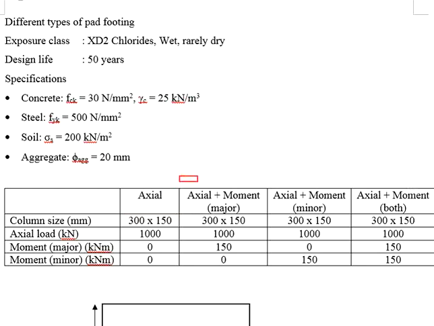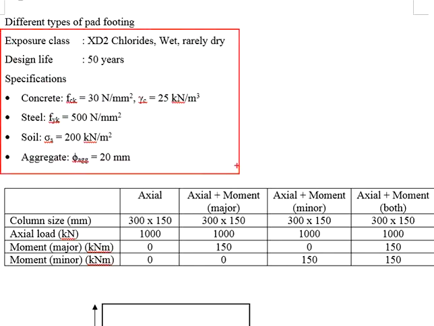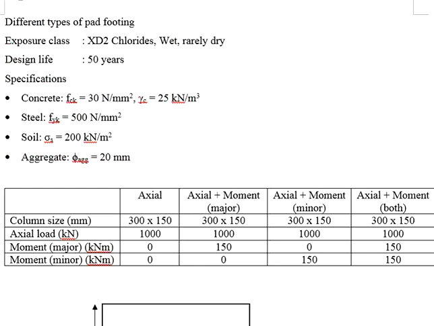Also, it may be subjected to axial load plus moment acting in the major axis, axial load plus moment acting in the minor axis, and also axial load plus moment acting in both axes. We will use the same set of specifications in order to demonstrate the differences in the calculations for the pad footing subjected to various circumstances.